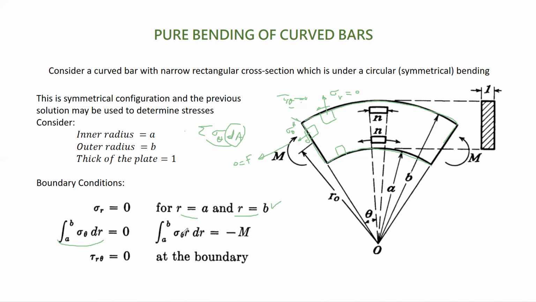And R dR sigma theta will give you the moment. Make that equal to M, make this equal to 0. And tau r theta, we know that already is 0 everywhere else.